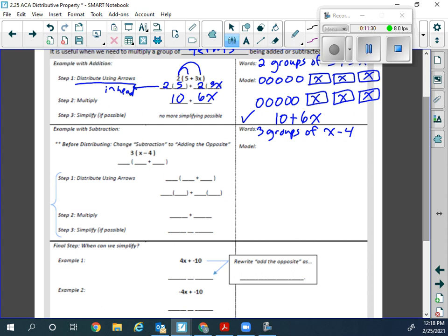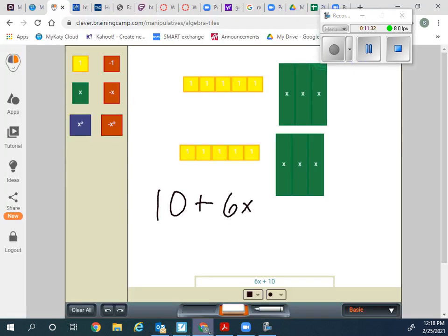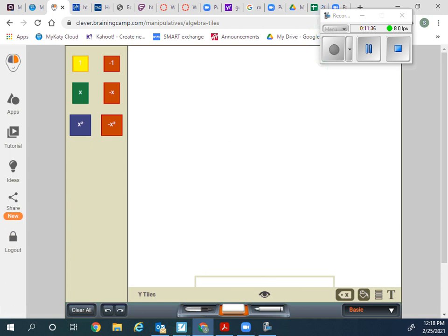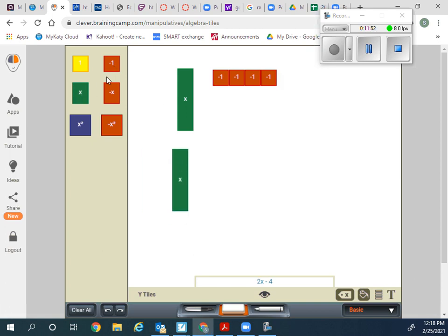Let's go to Brainy Camp. First of all, down here in the bottom corner, it says clear all. If you do that, then you know how to clean switch. So, x minus 4. And the negatives, minus 4 means negative 4, correct? And we need 3 groups of that.